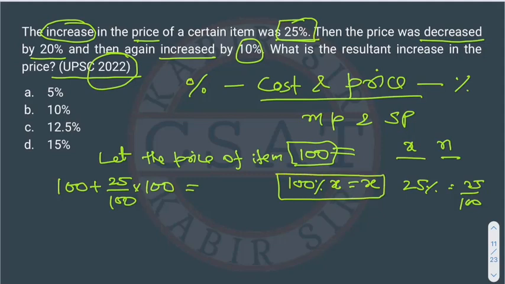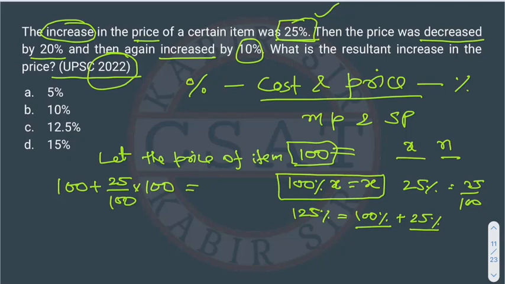So we are talking about 100% of some item, so it will be that item only. So here the question is saying that if there is an increase of 25%, we can also write 125%. Why? Because it will be like 100% plus 25%. Okay, and 100% is the item itself and 25% is the extra 25%.